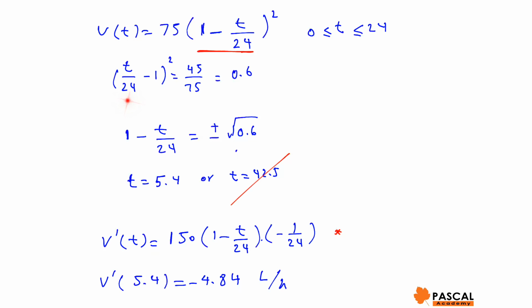That means t over 24 minus 1 to the power of 2 equals 0.6. We take the square root and solve the equation. t would be 5.4 or 42.5. 42.5 is inadmissible, and V prime at 5.4 is negative 4.84 liters per hour.